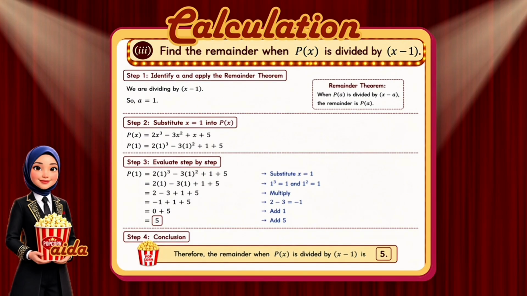Step 2, substitute x equal to 1 into p(x). Step 3, evaluate step by step involving substitution, multiplication and addition. Step 4, conclusion: we have the remainder equal to 5 when p(x) is divided by x minus 1.